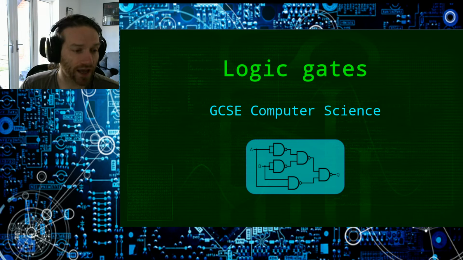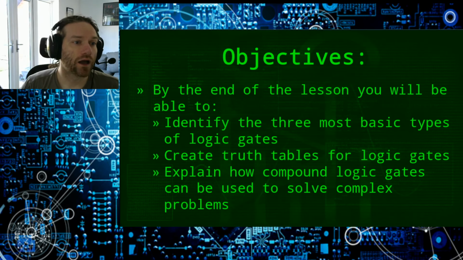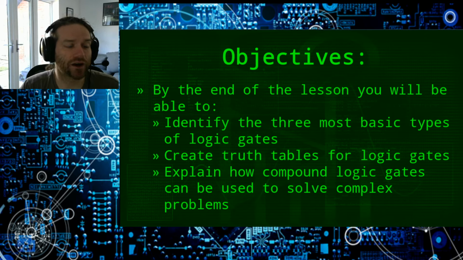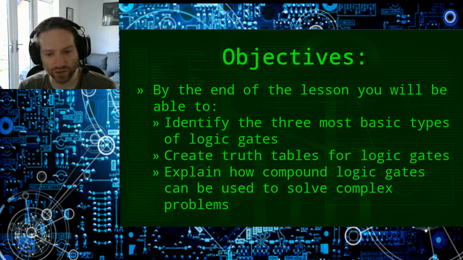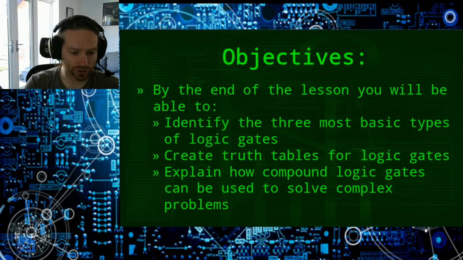Logic gates. By the end of this lesson, right? Last lesson we were looking at the concept of logic, as in how to use logic in order to solve problems, eliminate certain circumstances, and reach conclusions, draw inferences, and things like that.